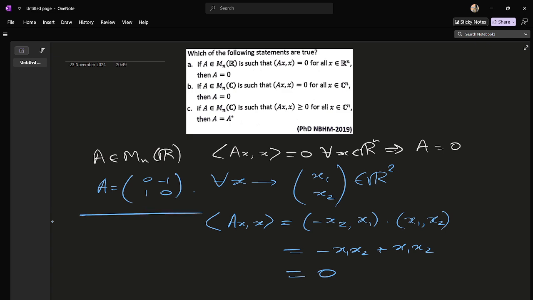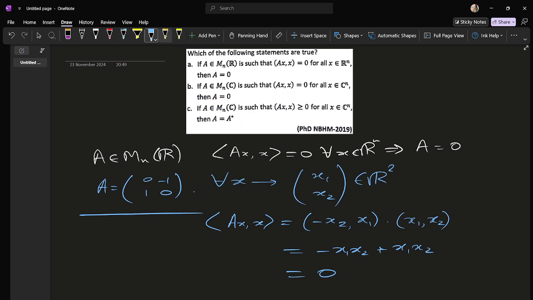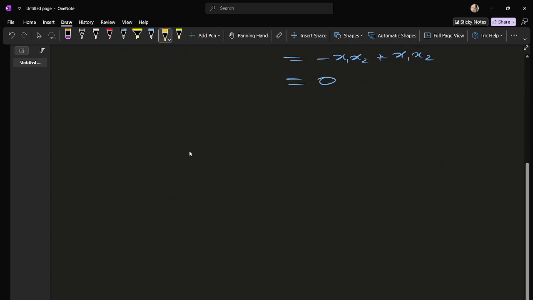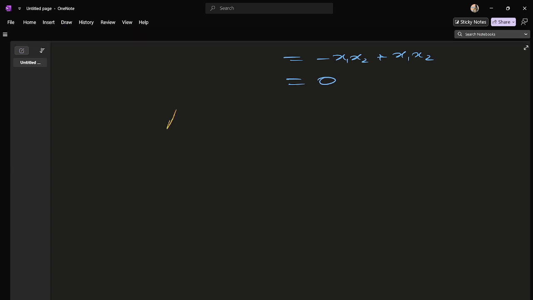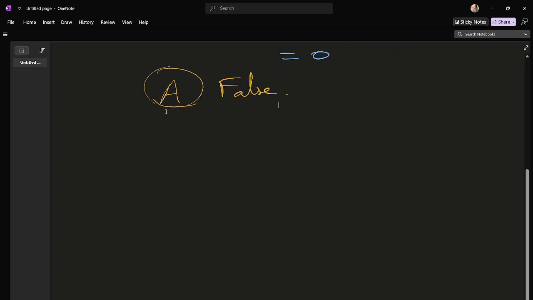But our A is not 0, while the other conditions are satisfied. So the statement A is false.